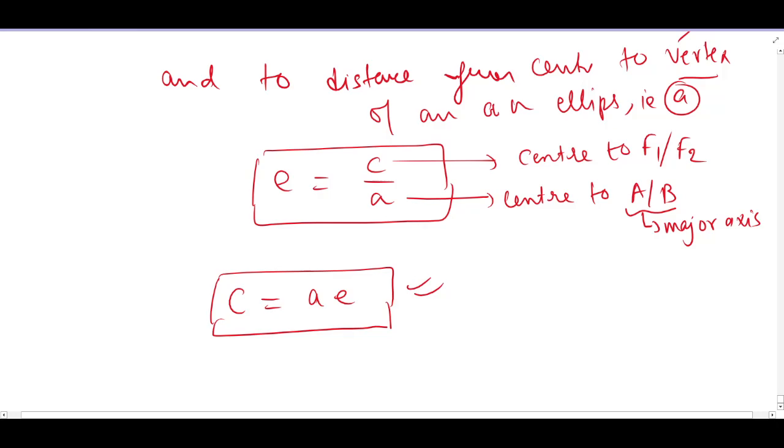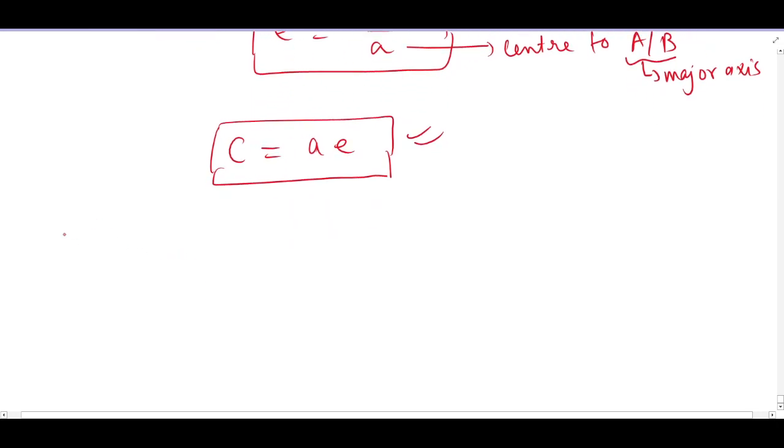Next is the standard equation of an ellipse.